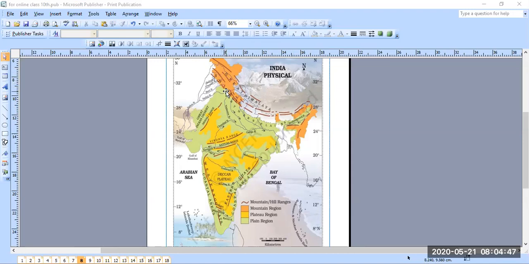Because when the sediments are compressed by a hard rock material like the Deccan Plateau, they are thrusted upward, and from the sea bed they rise above and come in contact with the atmosphere and they solidify.